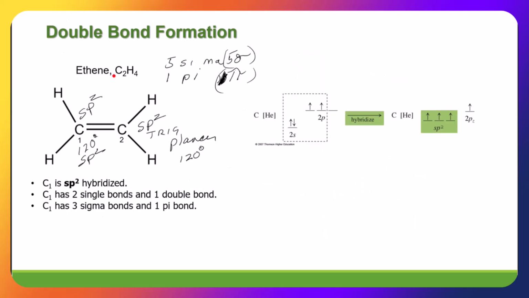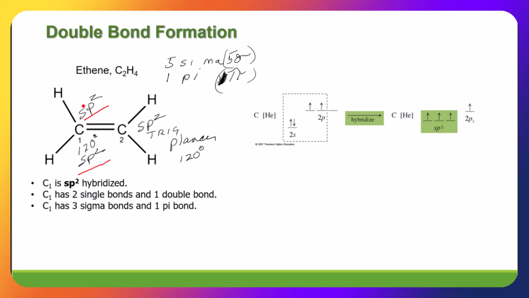Okay, so here is ethene, C2H4. Here's the Lewis structure. And let's first of all determine the electron geometry. 1, 2, 3 things around the carbon number 1. That means we have a trigonal planar electron geometry, no non-bonding electrons, so the molecular geometry around the leftmost carbon is also trigonal planar, and the hybridization is sp2, and the bond angle is 120 degrees.